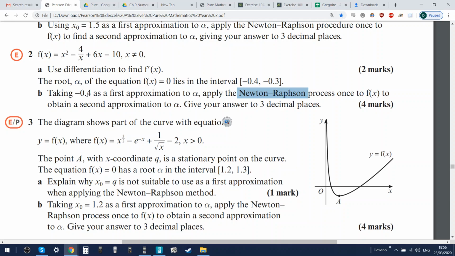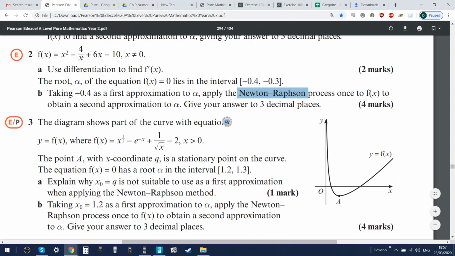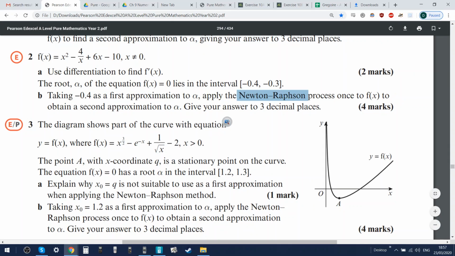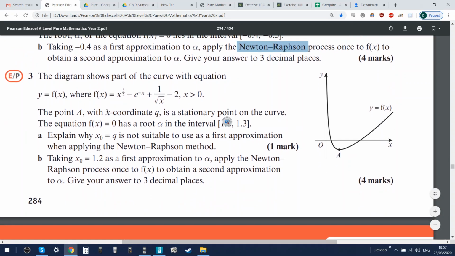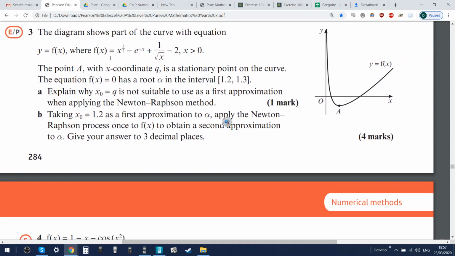So minus 0.4, it'll be plus, the numerator will be answer squared minus 4 over answer plus 6 times answer minus 10, and then the denominator will be the derivative of that function with the answer subbed in. So it looks like they use different values, like here, e to the minus x.